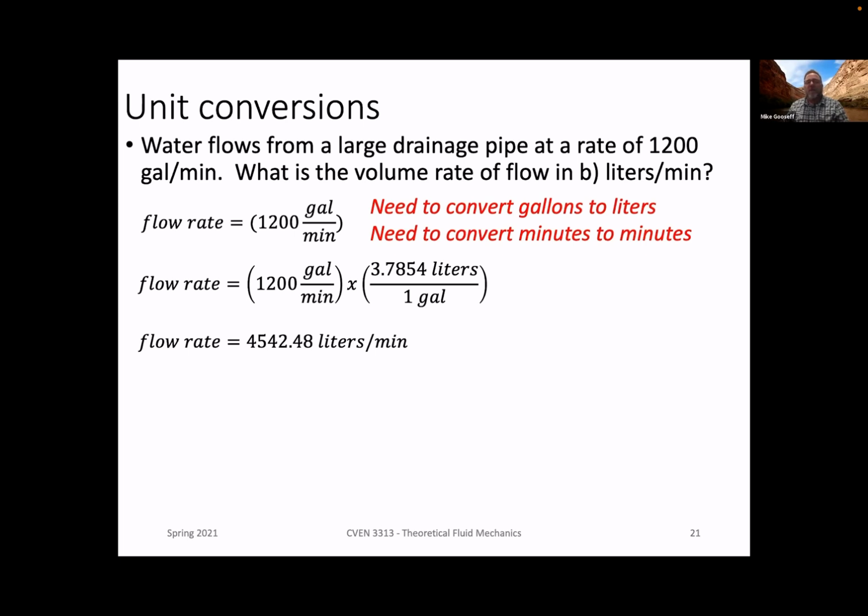However, if I wanted to round this a little bit just to be a little more general, I might just go to the tens place and say that I have 4,540 liters per minute. From a perspective of using our significant figures, this would obviously be 3 significant figures in this case, compared to trying to advocate for 6 over here on the left-hand side.